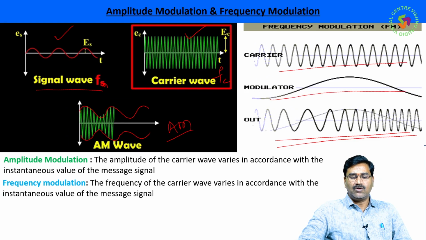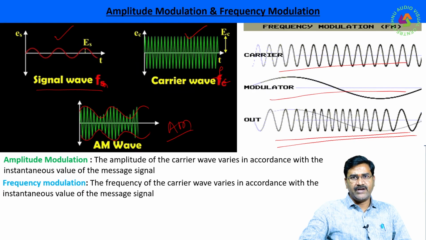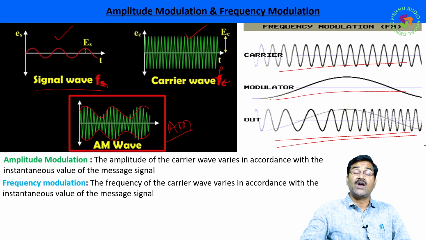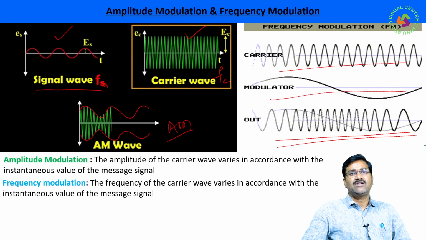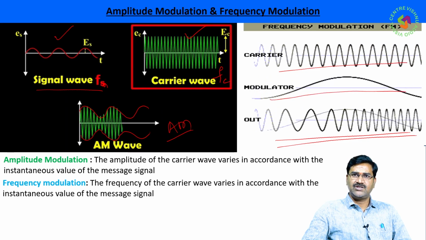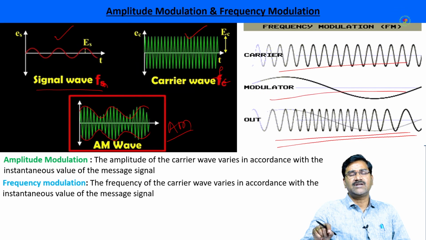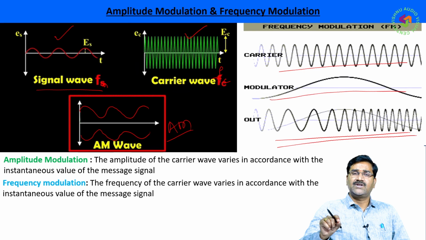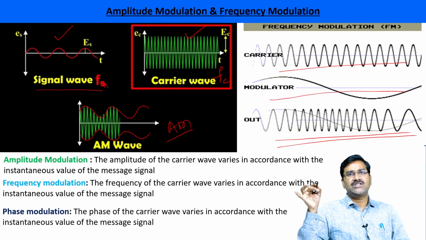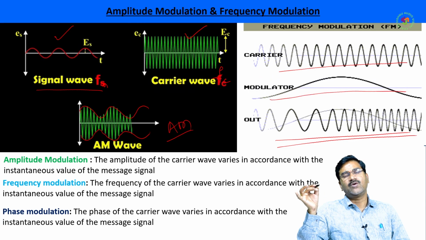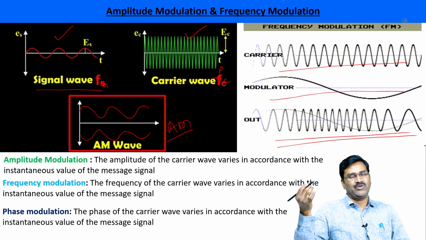Amplitude modulation is nothing but the amplitude of the carrier wave being varied in accordance with the instantaneous value of the message signal, whereas frequency modulation is the process by which the frequency of the carrier wave is varied in accordance with the amplitude of the message signal. Similarly, in phase modulation, the phase of the carrier wave is varied in accordance with the instantaneous value of the message signal.